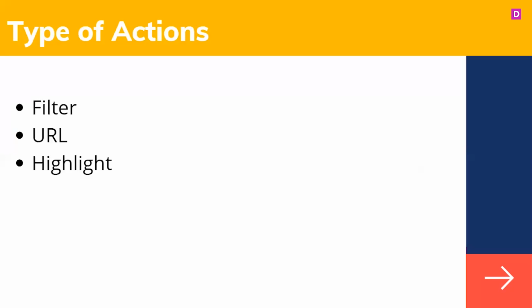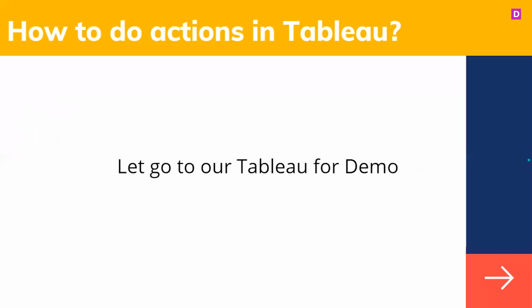Using these three things, we can create our actions. So we got an idea of what an action is, what the different types of actions are, and how it helps somebody who wants to use an action in their visualization. You can understand this better only if you see how actions work, so let's get into our Tableau environment to understand how we can create actions.